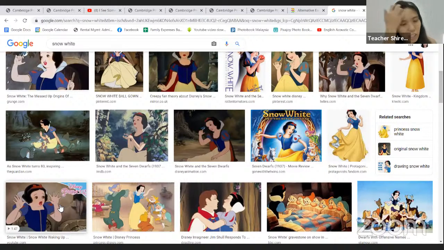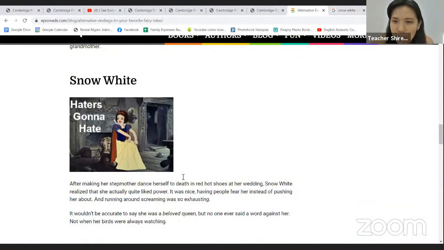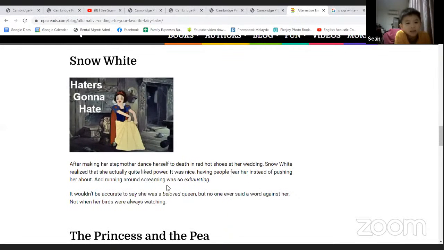When the prince kissed her with true love, she woke up and recovered. Then they fell in love and married happily ever after. Do you want to hear a different version of Snow White? Okay.